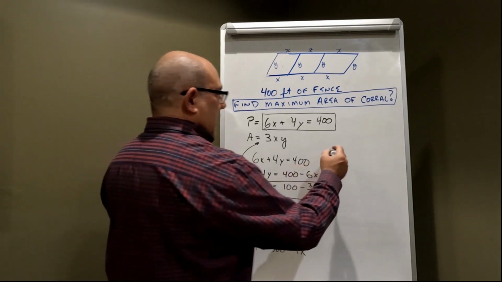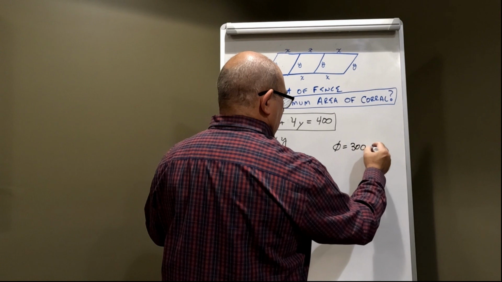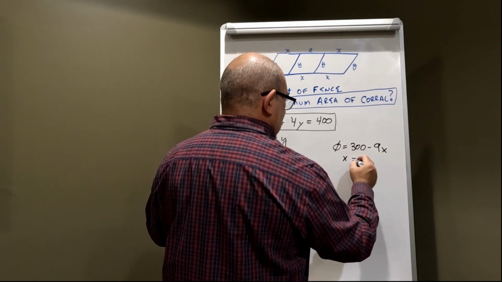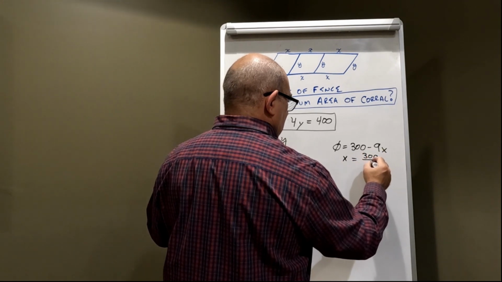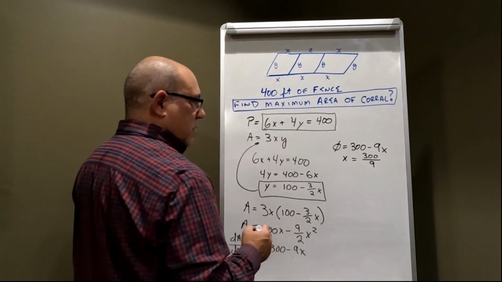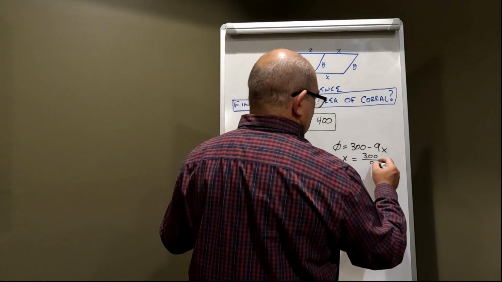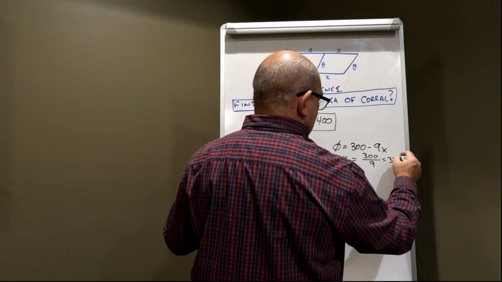So we're going to solve this. We're going to say 0 equals 300 minus 9x. And that means x equals 300 over 9. And that equals 33 and 1/3.